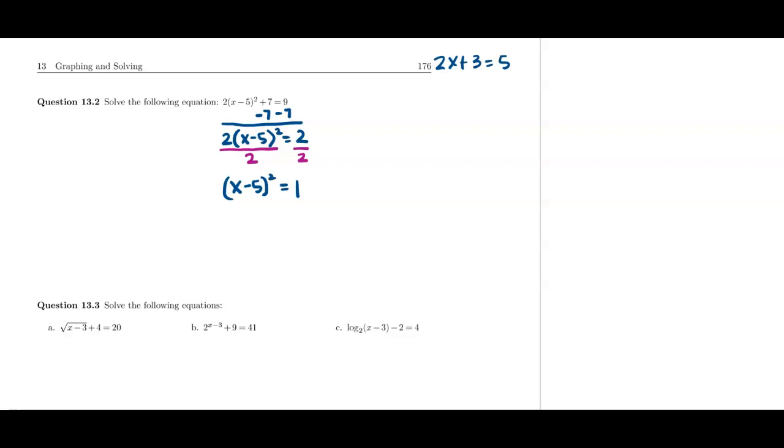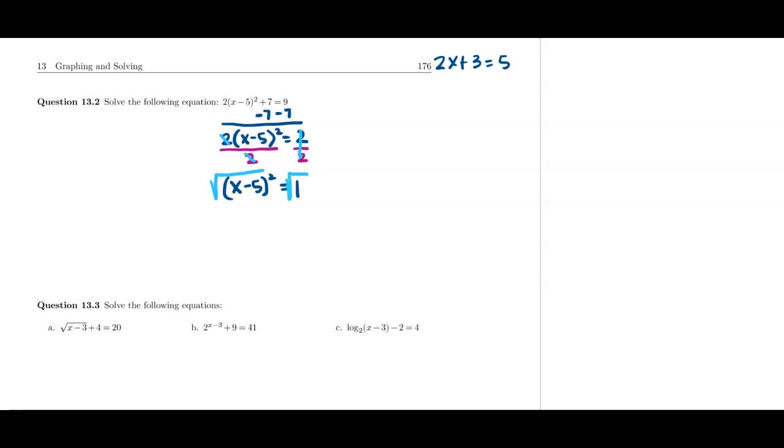I just simplified these here: 2 divided by 2 is 1. All right, and now we're at the point where we can do what we did above. We have our squared part by itself, so now let's take the square root of both sides.